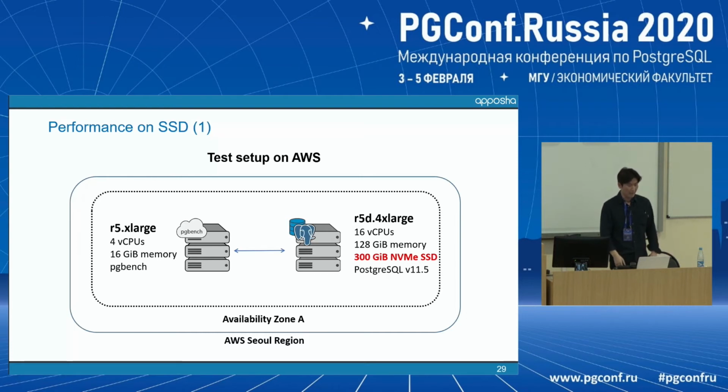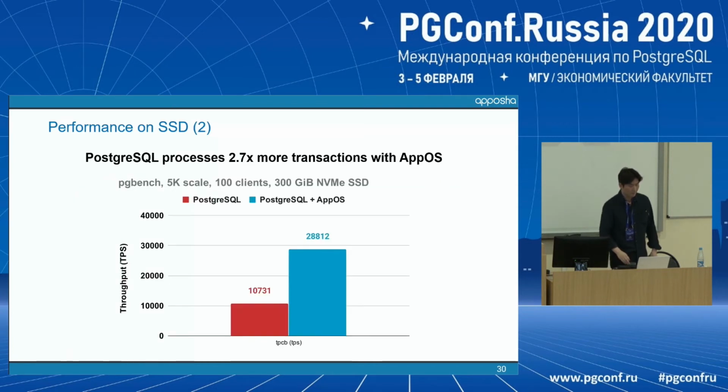For this test, I used the R5D type of instance and 300 gigabytes of NVMe SSD as storage. So not that much compared to the clouds. But AWS can make PostgreSQL process more than 2 times the transactions per second with NVMe SSD.